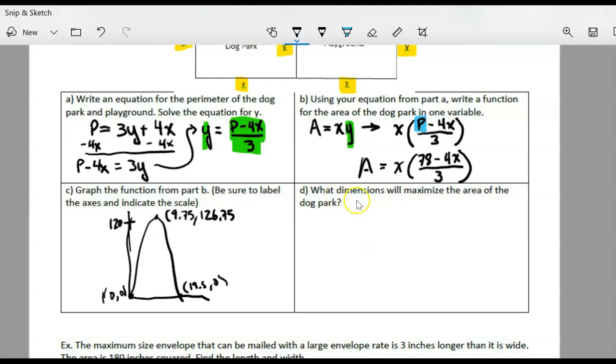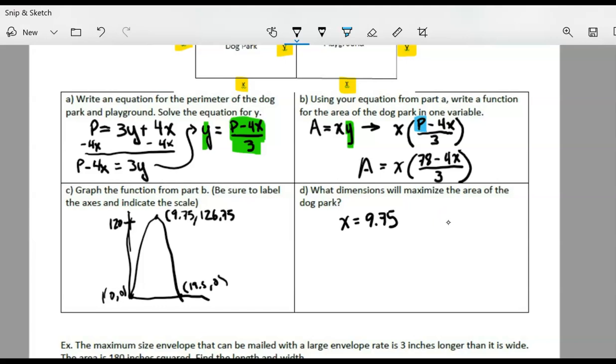So on D, when it asks what dimensions will maximize the area of the dog park, we can say that the value of x would be 9.75.